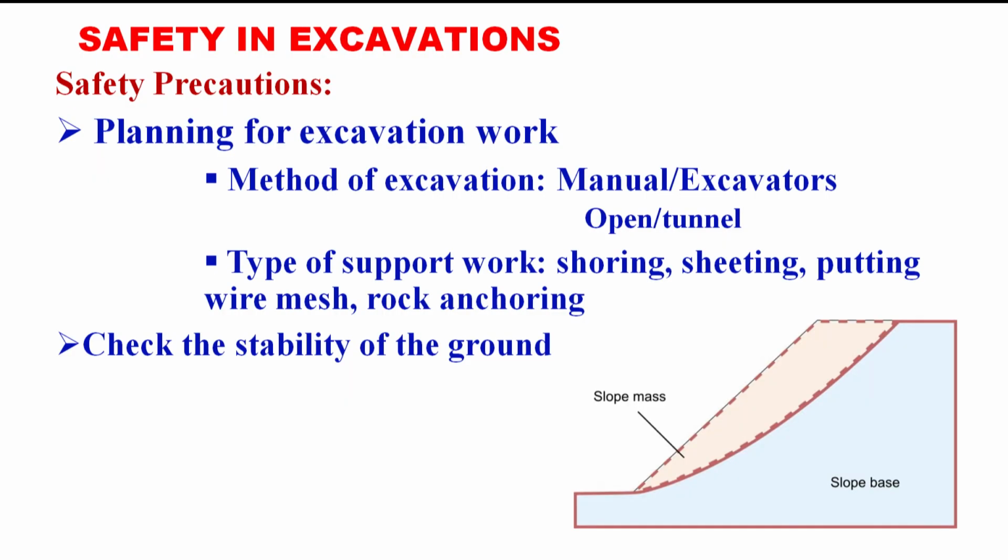In addition to that, basically we have to check the stability of the ground, because every soil has its own characteristics, and different types of soil are stable at different angles basically. So we have to see at what angle a particular soil is stable. So at site we have to see what type of soil it is, because different types of soil stay stable at different angles of the slope.